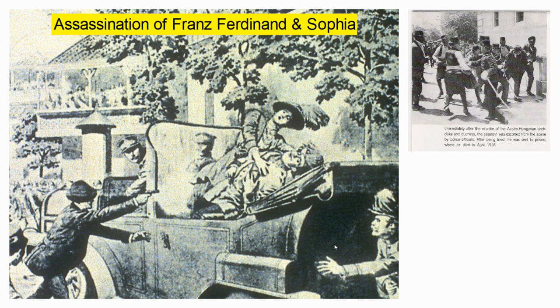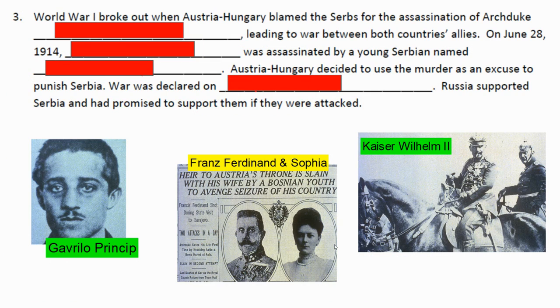Eventually, it will become part of what is known as Yugoslavia. They had gone there to greet the people and had been in a parade, and a man named Gavrilo Princip, who was a member of a terrorist group known as the Black Hand, stepped out of the crowd and assassinated both Sophia and Franz Ferdinand.